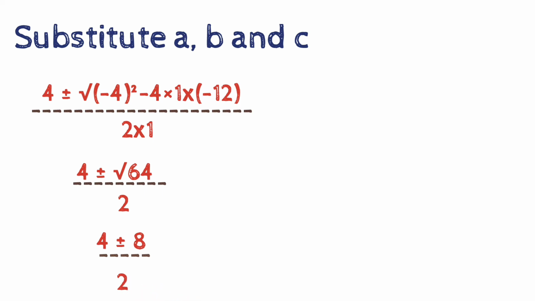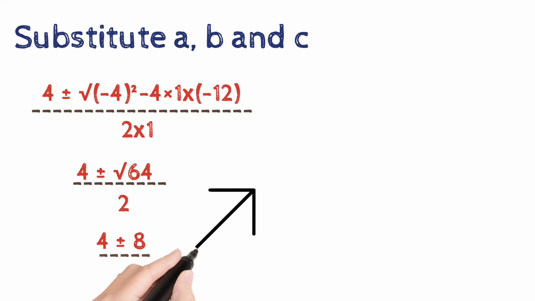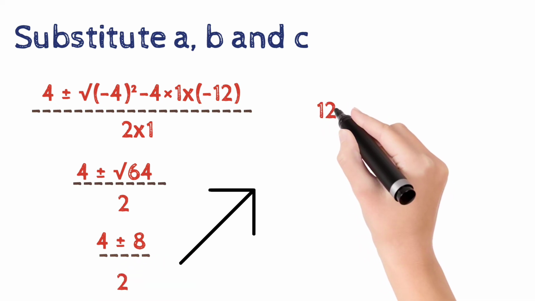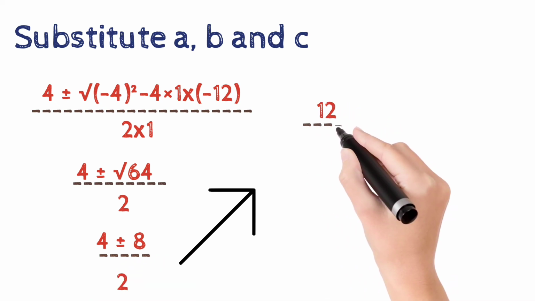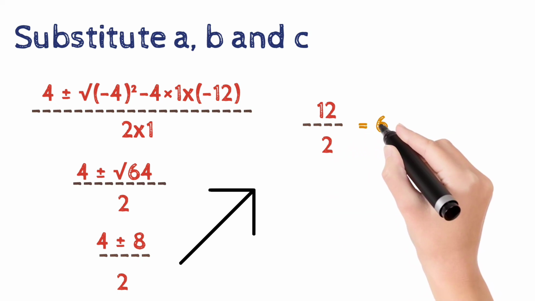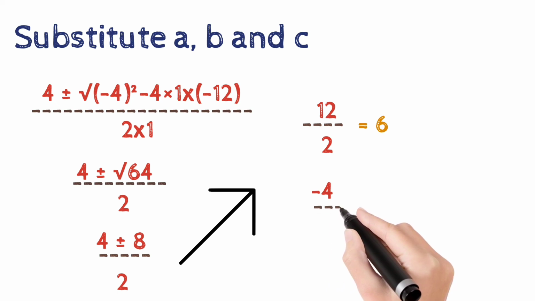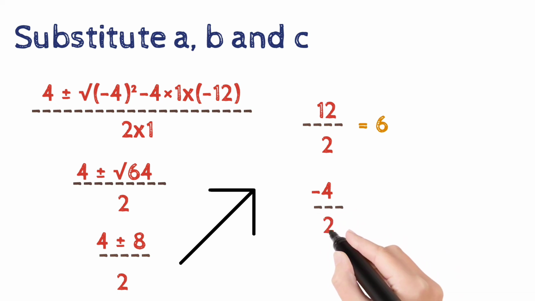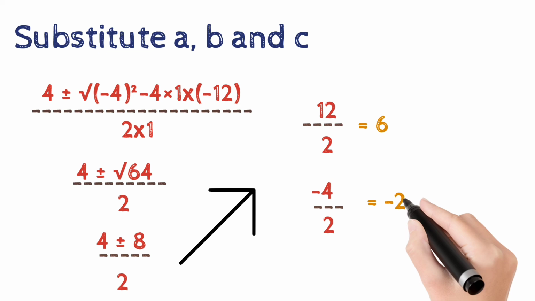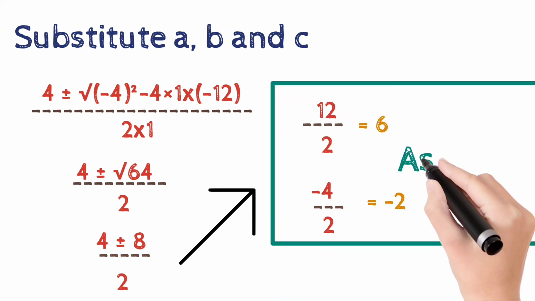So 4 plus minus 8 upon 2. The plus minus will go in two directions. For example, 4 plus 8 equals 12, so 12 upon 2 equals 6. This is one answer. The second is 4 minus 8, meaning minus 4 upon 2, which leads to minus 2. So this is our answer.